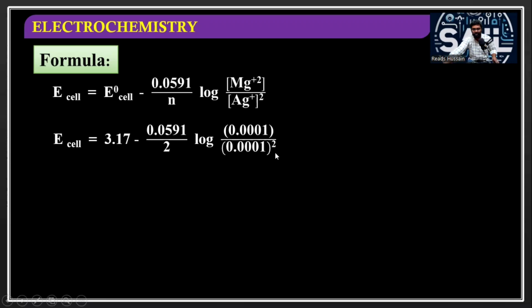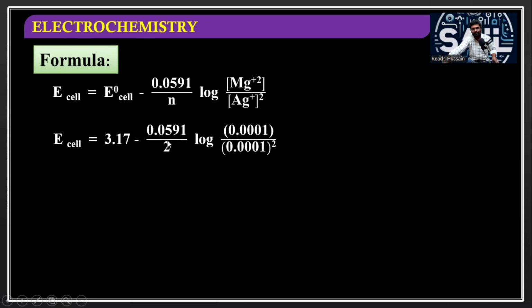Here the square is there. Why is there a square? In the given reaction 2 Ag was there, no? So we have taken the Ag concentration to the power 2. E naught cell is also given in the question, 3.17, the standard electrode potential of the cell. On substituting all these values, we'll get the answer.